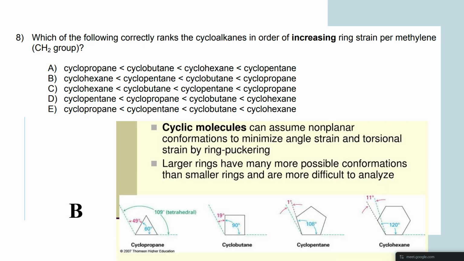For that, I hope you remember that cyclic molecules have a tendency to achieve planarity. It is said that the closer a ring is to the ideal tetrahedral angle, the more stable it is.